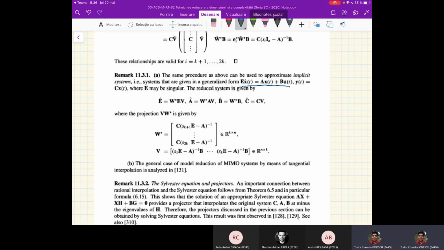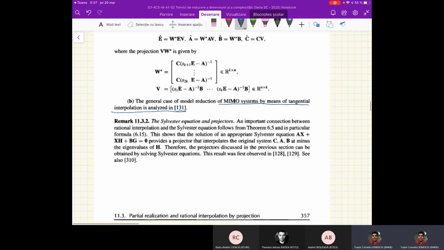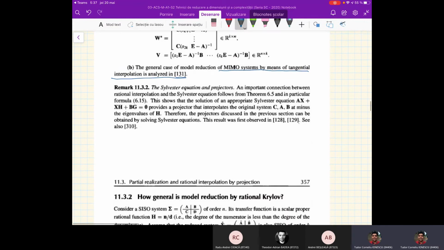So you can also extend this to other cases, actually. Okay. And also, you can look at the MIMO case by means of tangential interpolation. You also have here a reference to that in the book.